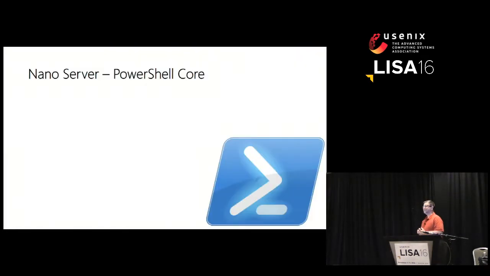Now, in order to succeed with NanoServer, we learned our lesson from Server Core. We didn't have a particularly good management interface for Server Core, and we weren't very clear about what scenarios it was for. And because it wasn't clear about what scenarios it was for, it was difficult to go harness the right people to do the right task. We fixed that with NanoServer, being very clear about our scenarios and investing heavily in management and remote management.